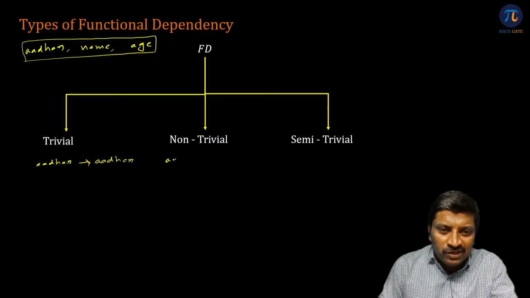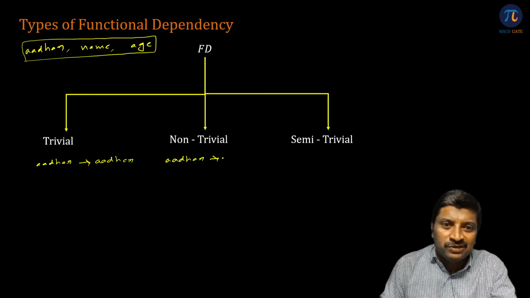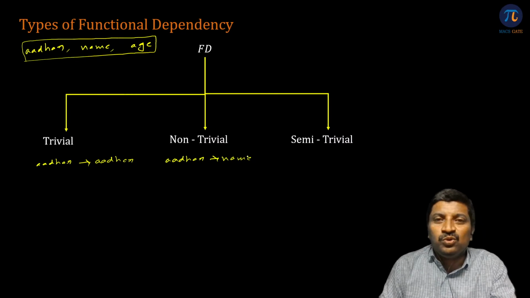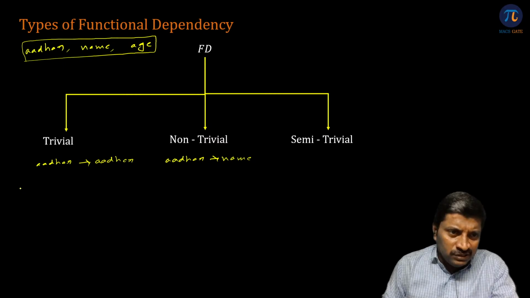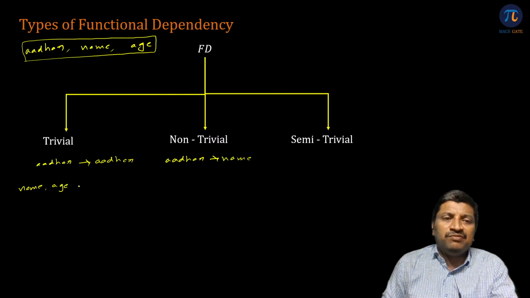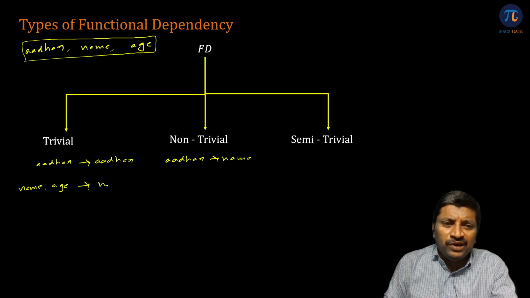Suppose when you know Aadhaar number, if you write the name, then it seems to be a surprise. How did he get my name? He doesn't know my name. Whenever I know Aadhaar, I can write his name, so that is not trivial. Trivial means whenever I know Aadhaar, I can write Aadhaar. Of course, suppose I know the name comma age of a particular person, then can we write name?